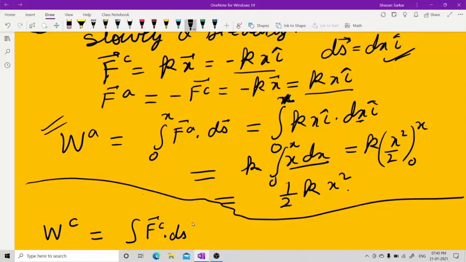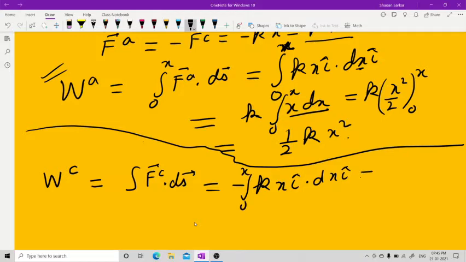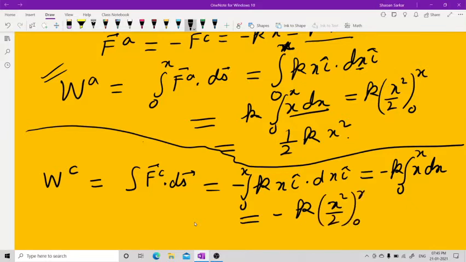Now for WC, that is conservative, I'm taking this as the integral of minus kx i dot dx i from 0 to x, as usual. i dot i is 1, so this is minus kx dx from 0 to x, equal to minus k x square by 2, between lower limit and upper limit. So this is minus half k x square. Now you can see that WA is minus of WC.